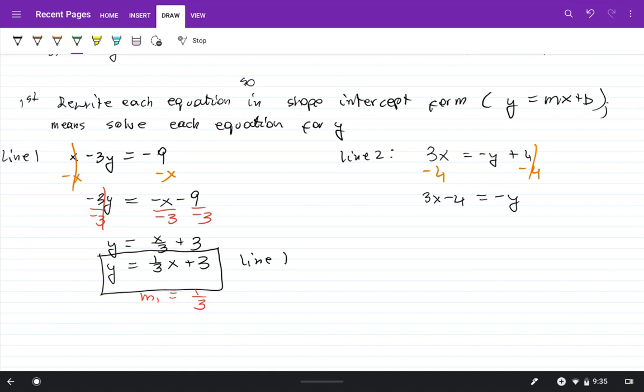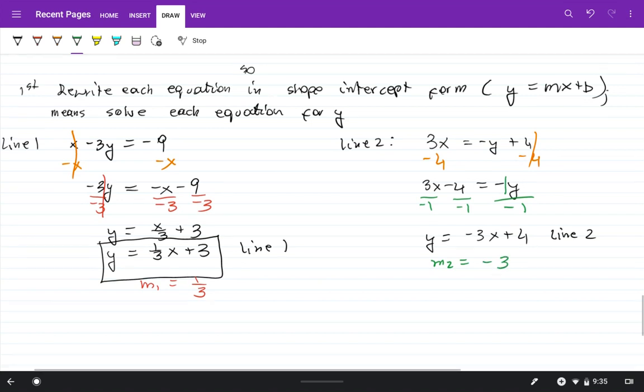When you have negative y, that means there's negative 1 in front of y. So now divide each by negative 1. And that will give us y equals negative 3x plus 4. So this is line 2. And the slope of line 2 is the coefficient in front of x, which is negative 3.